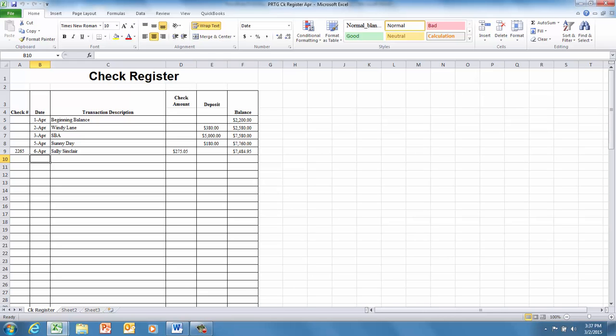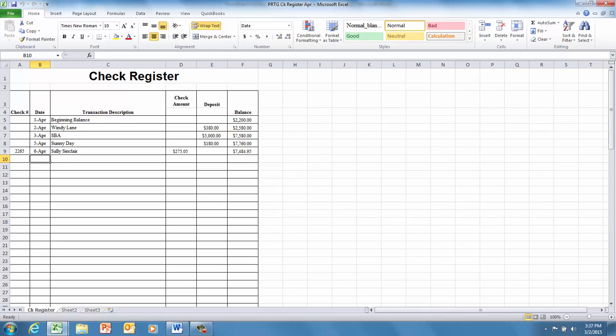Once you have all the transactions that involve cash put into this check register, and you also post to the cash account in your general ledger, both of those numbers are the ins and outs of the checking account.